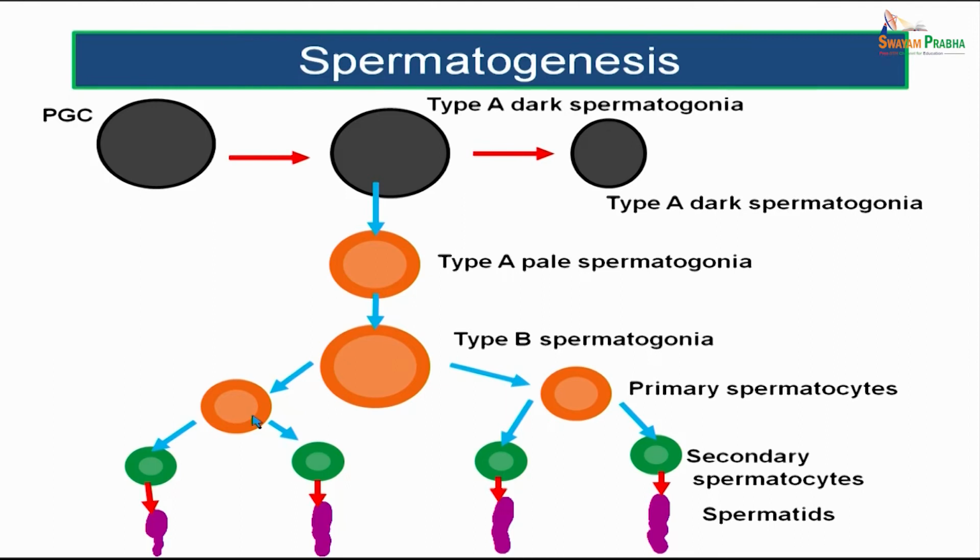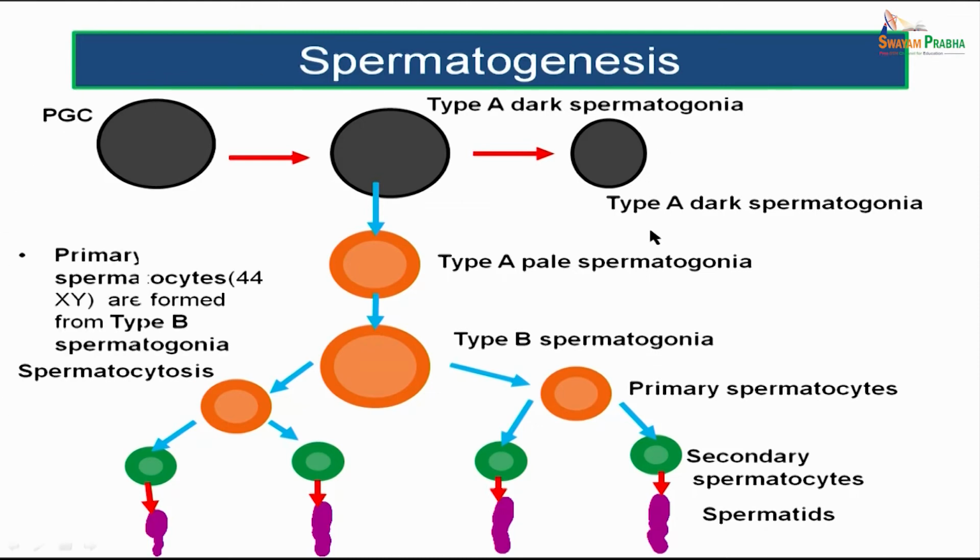So, this entire process, starting from primordial germ cell to type A dark spermatogonia, then type A pale spermatogonia, then type B spermatogonia, which divide into primary spermatocytes, secondary spermatocytes and spermatids, constitutes spermatogenesis.